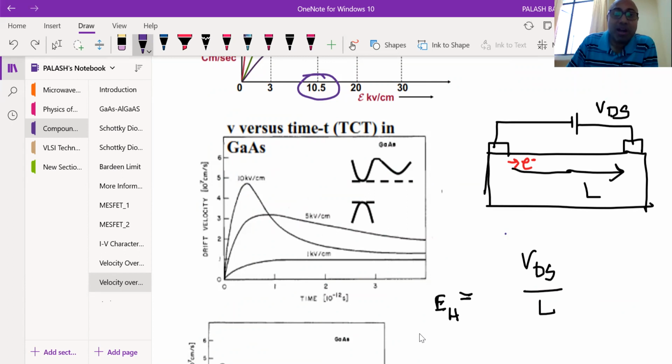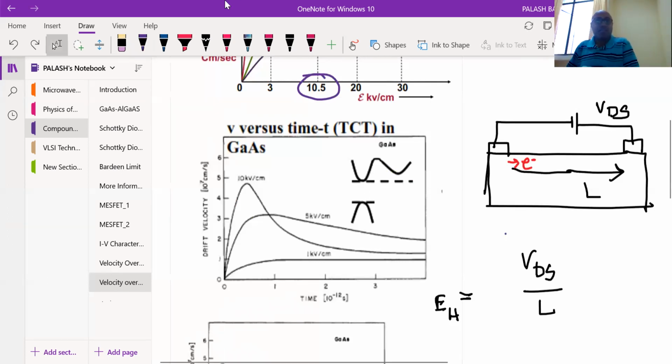What does it mean? It means that if you suddenly give 10 kilovolt per centimeter, the electron travels a long distance.